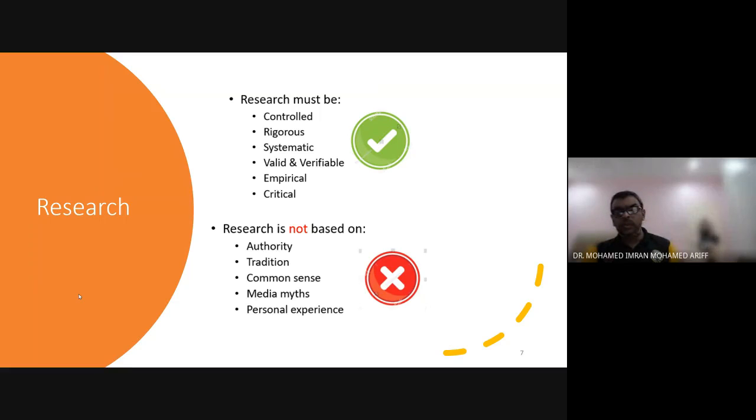So when you do your fieldwork survey, because you have authority on your sample, so meaning you are influencing your sample, that is not also considered a research, because you cannot get the actual data. Orang akan jawab sebab you boss. Okay, so you are the boss, so people will give you answers. So you cannot use authority as part of your research. Are you with me?